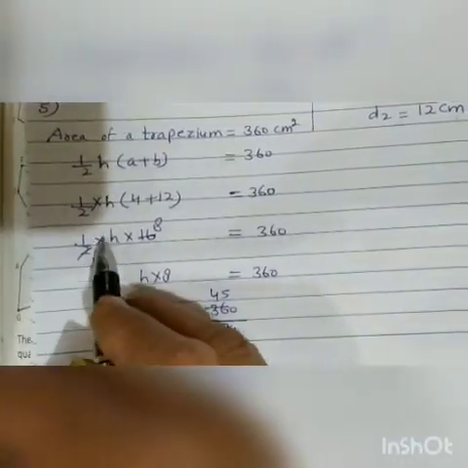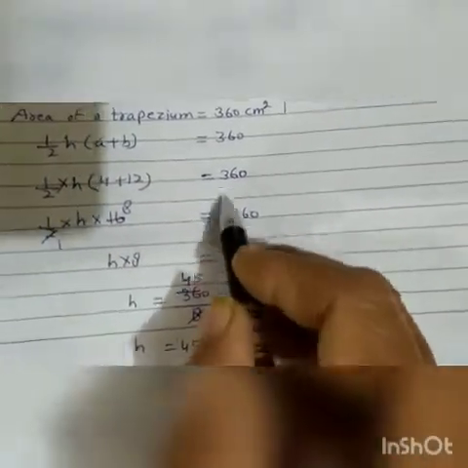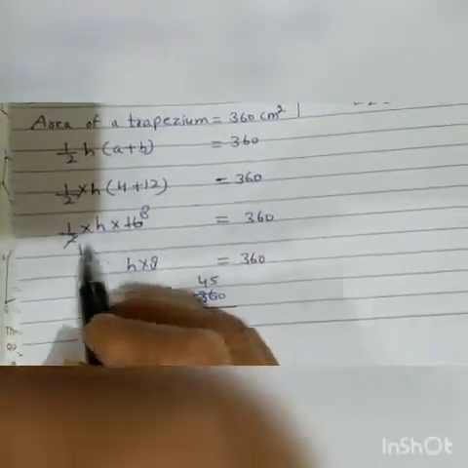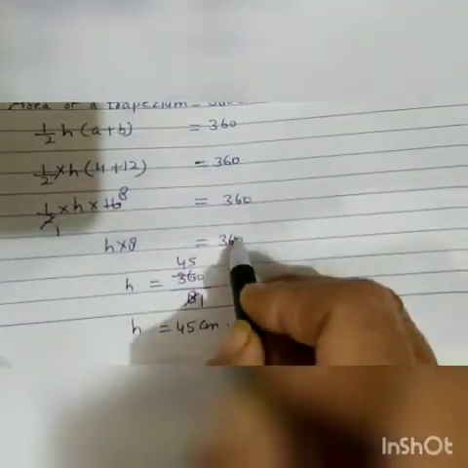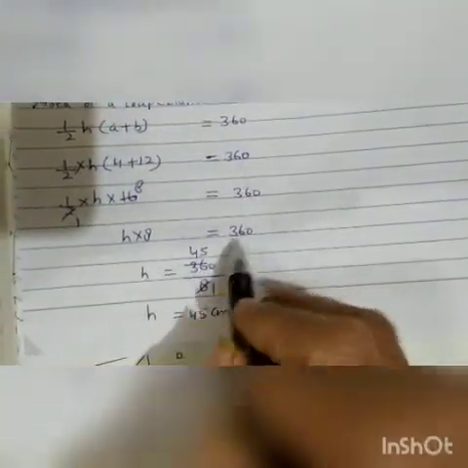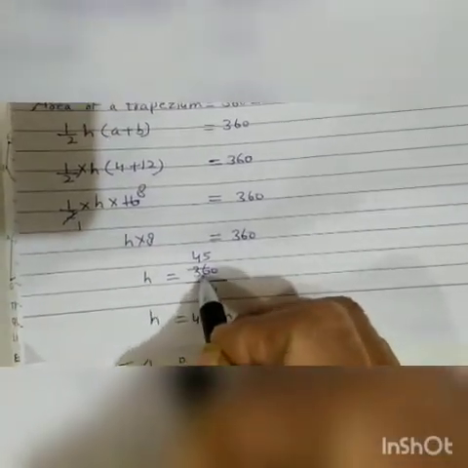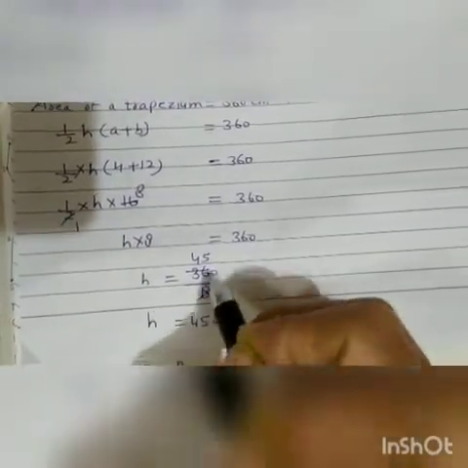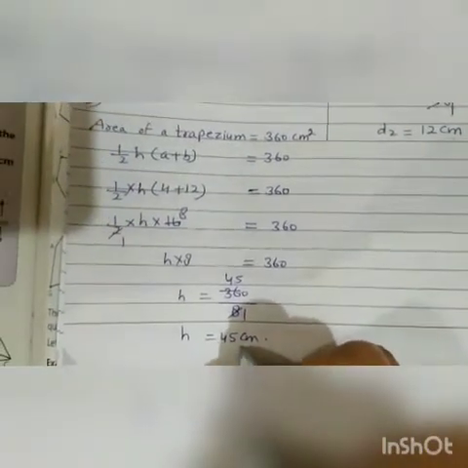Then 1 upon 2 into h into (12 plus 4) 16 equal to 360. 2 ones are 2, 2 eights are 16. h into 8 is equal to 360. Then h is equal to 360 upon 8. 8 ones are 8, 8 fours are 32, 4 remainder 40, 8 fives are 40. So h is equal to 45 centimeter.